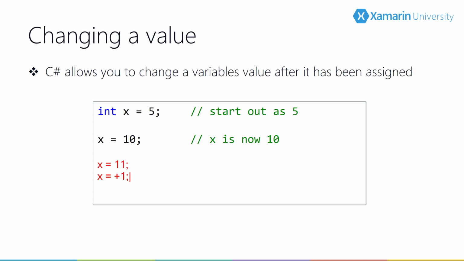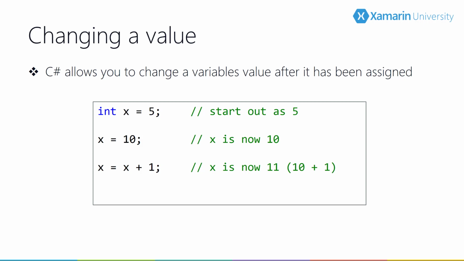You have to fully understand the assignment operator. The assignment operator says whatever is on the right-hand side of the operator will be the value of the left-hand side. The right-hand side could be an expression, it could be multiple things. So the answer to this challenge is this, one way of doing it: x equals x plus 1.